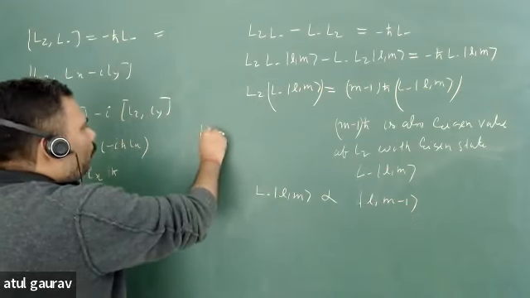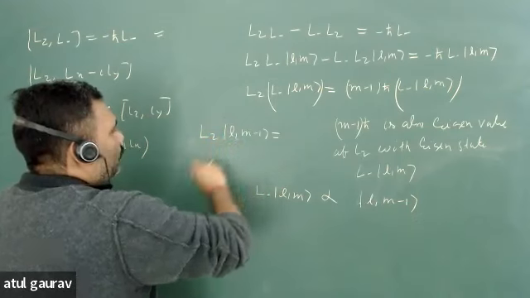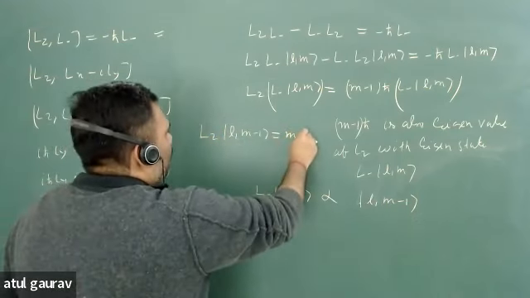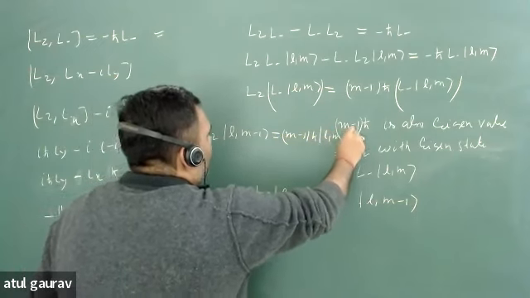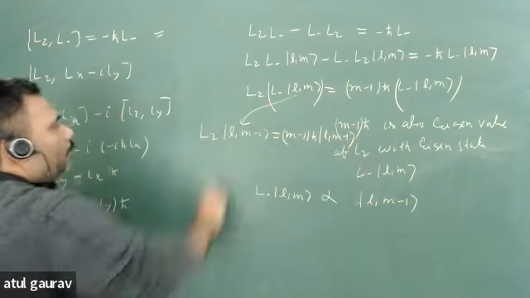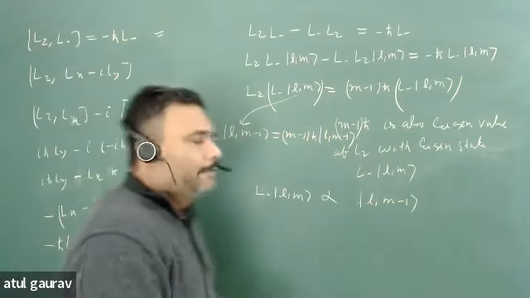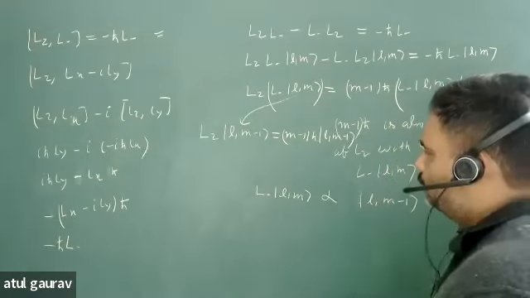Because if you are operating LZ on L M minus 1, you will get M minus 1 H cut and you will get L M minus 1. So you can easily compare this thing. So this will be equivalent to this one.